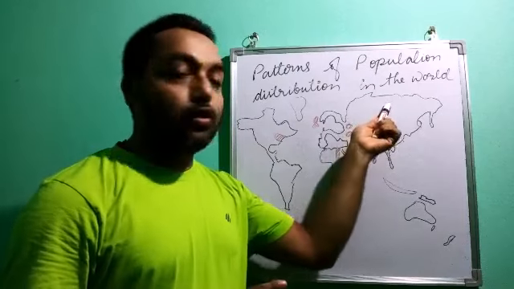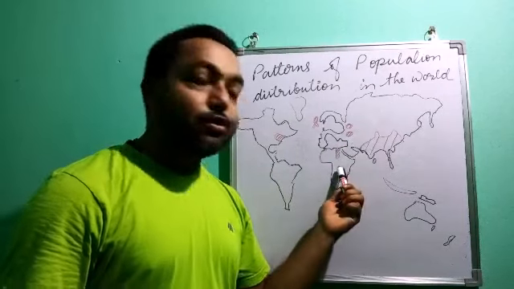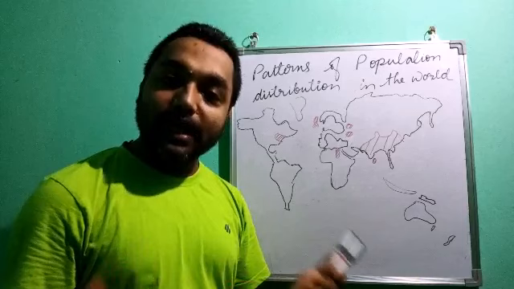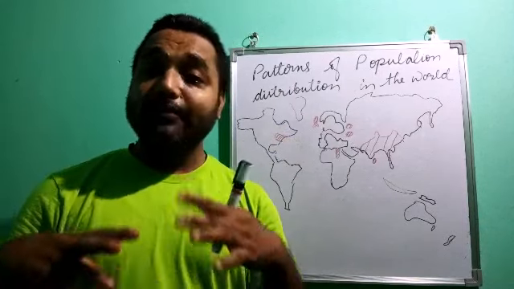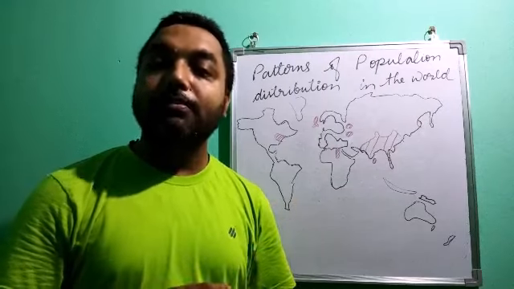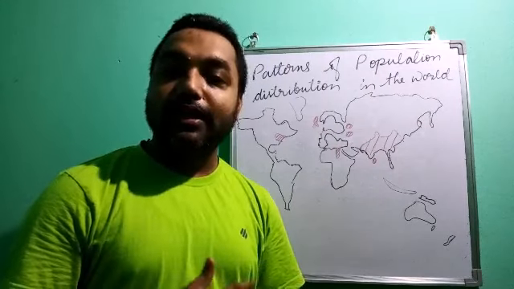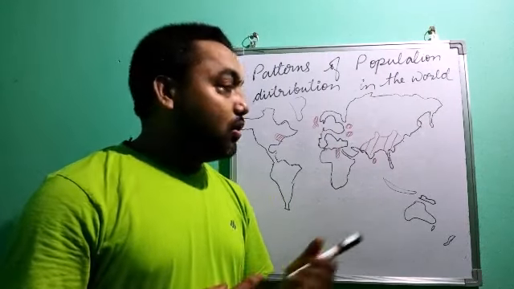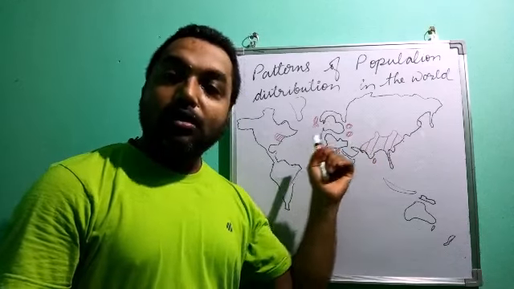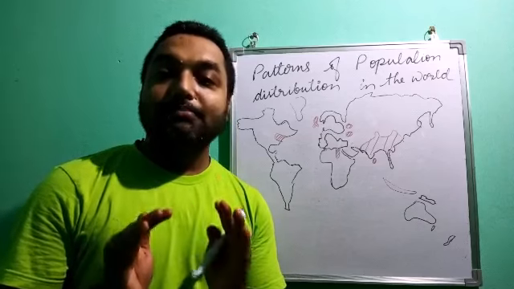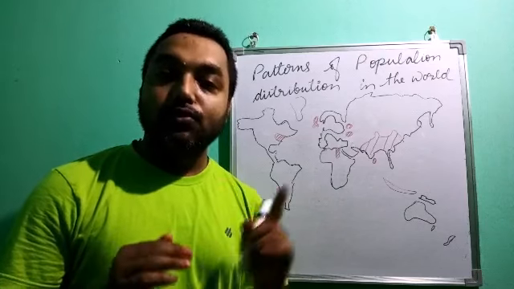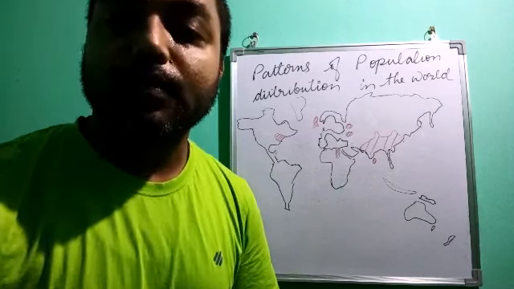Somewhere it is very cold, people cannot stay. Somewhere it is totally covered with desert, people cannot stay. Somewhere it is totally covered with mountains, so in mountainous areas also people cannot stay. So in these small pockets of the world only, the maximum population of the world stays.